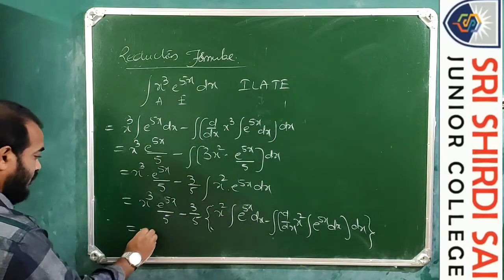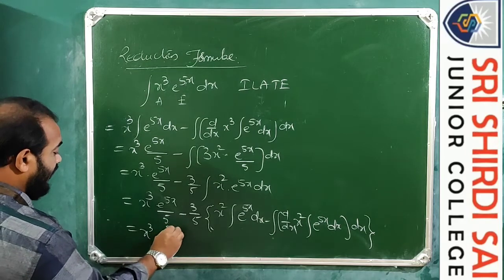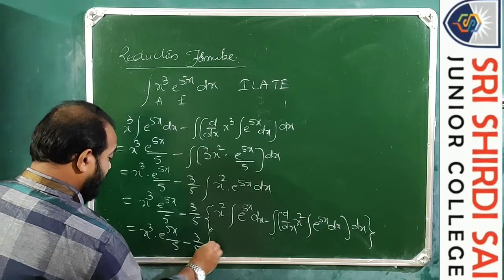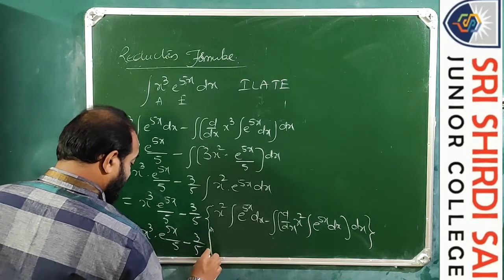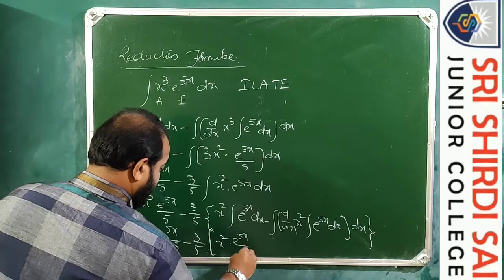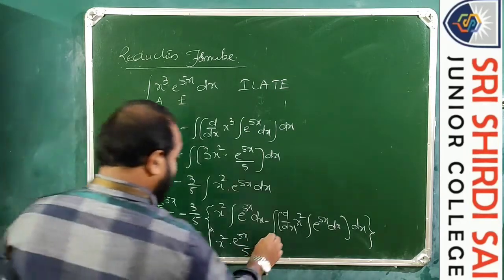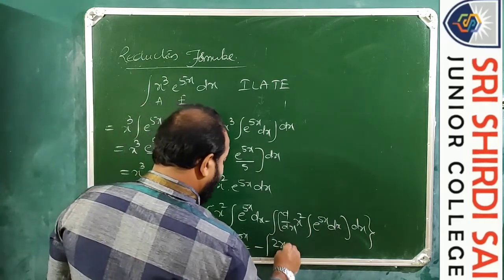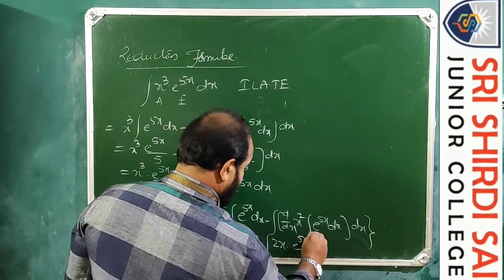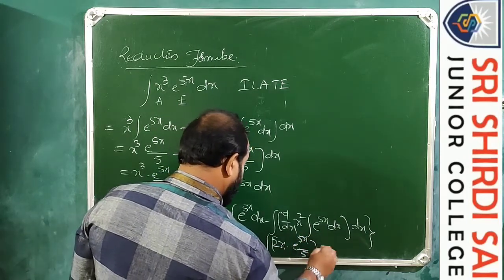So this is equal to x cube into e power 5x by 5 minus 3 by 5 into x square e power 5x by 5 minus d by dx of x square, which is 2x, into e power 5x by 5, whole dx.